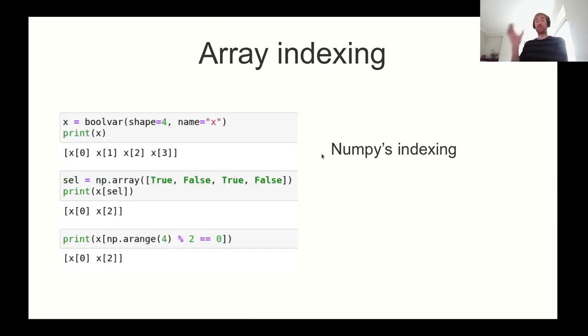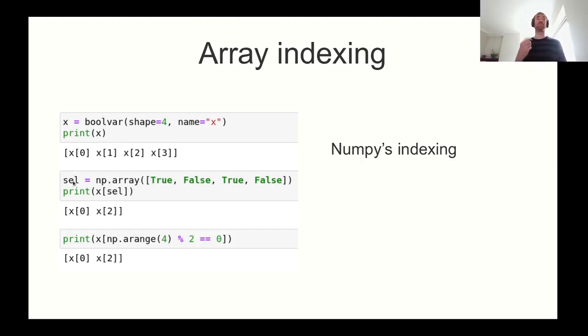But we don't have to limit ourselves to Python style indexing. We can also do Numpy style indexing. And what does it mean? In Numpy, you can define a Boolean array, so containing true and false, of the same dimension as another array. So here X is our array of decision variables.